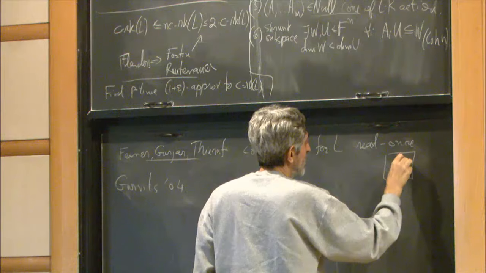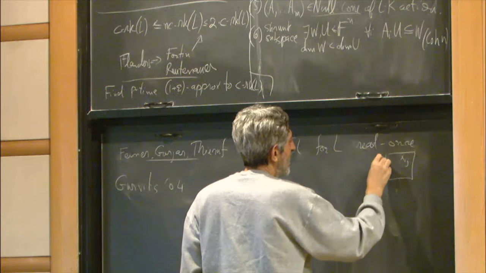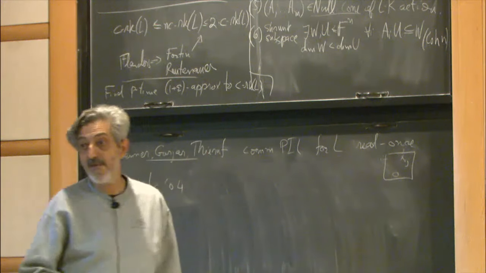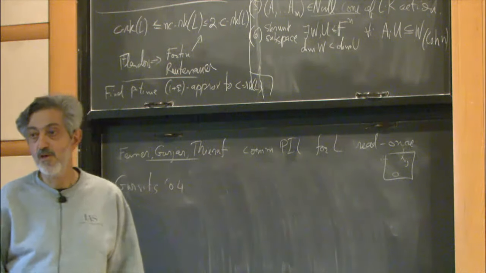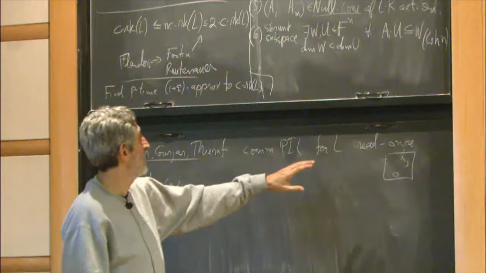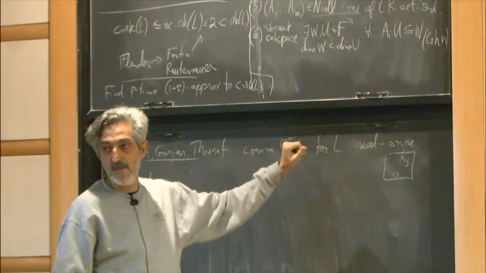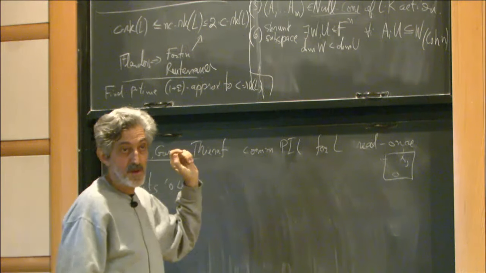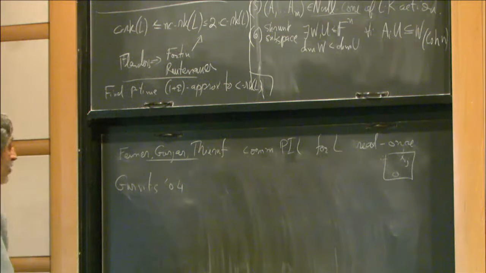Every entry is either some x_ij in position i, j or 0. That's the perfect matching question, right? So we know that this can be done in, well, quasi-polynomial time. That's exactly what he did in this language. He didn't state it like this, but that's what it is.